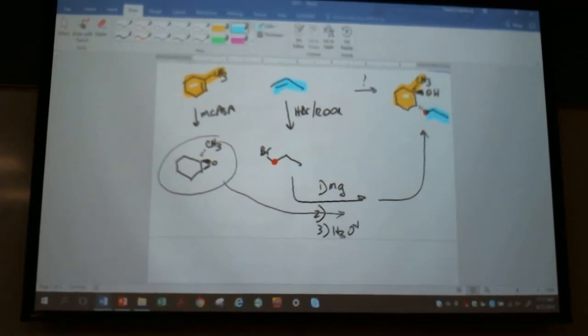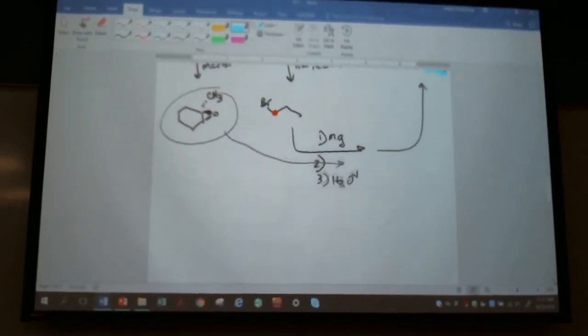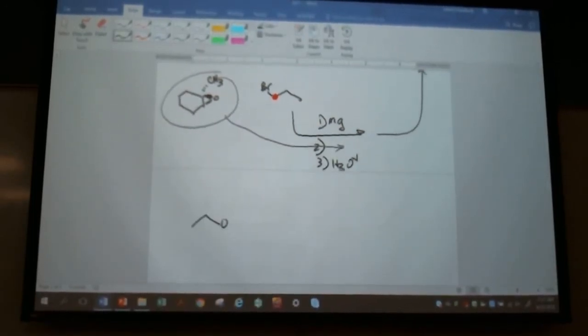And then you can answer this question. Is it just PBr3 for all of these? If you had this alcohol and you wanted to make this, in one step I could add PBr3. Now I can do 2 steps.